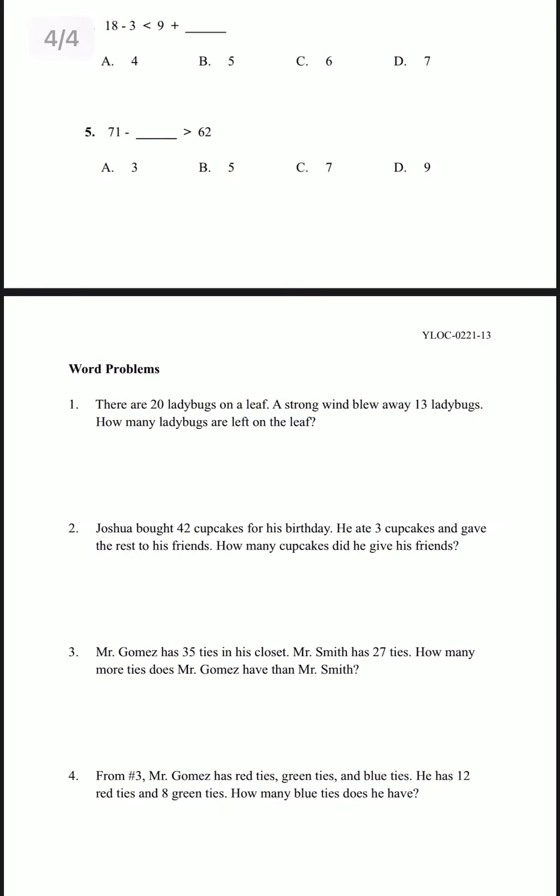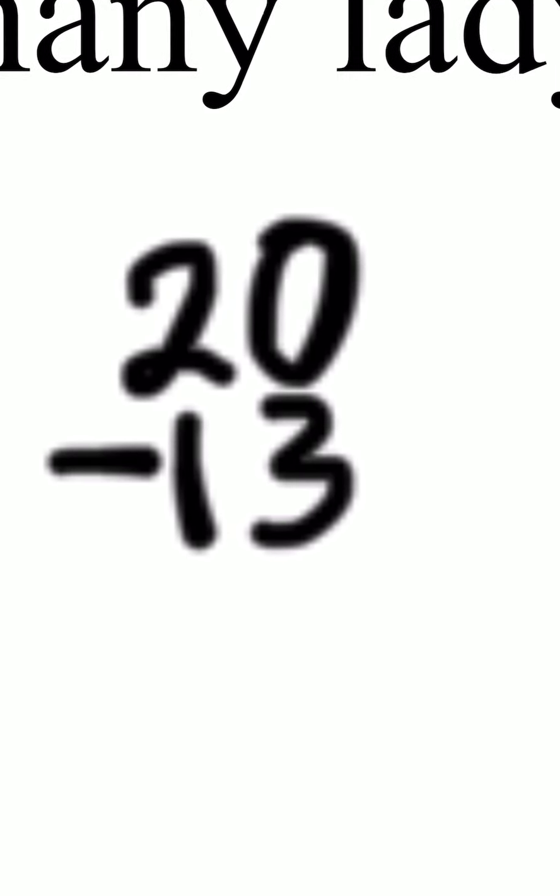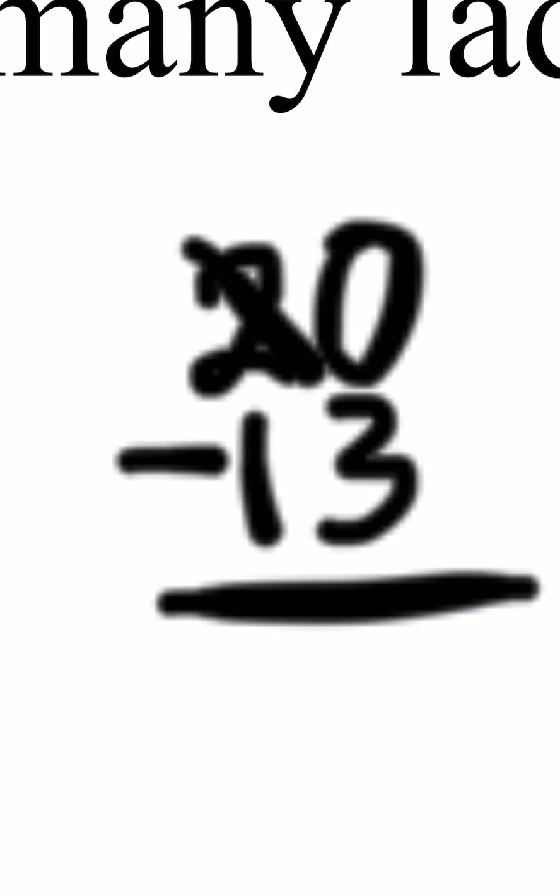For this part, we have word problems. Let's look at number 1. There are 20 ladybugs on a leaf. A strong wind blew away 13 ladybugs. How many ladybugs are left on the leaf? So, to know how many ladybugs are left, we need to subtract 13 from 20. 20 minus 13. 2 becomes 1 because we need to borrow from 2, since 3 is greater than 0.